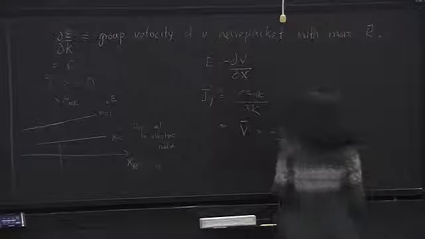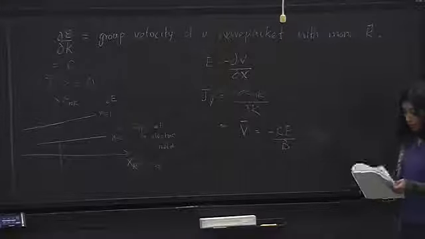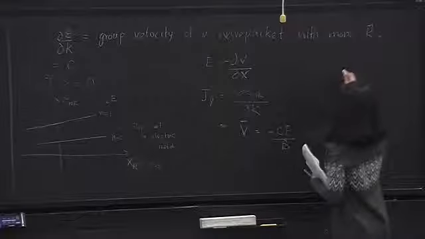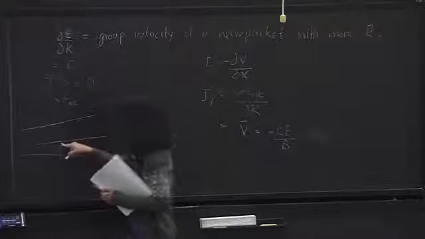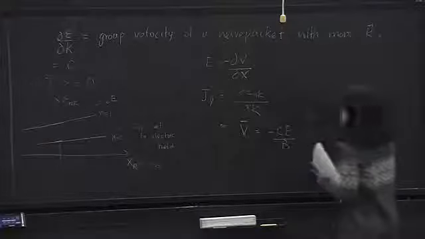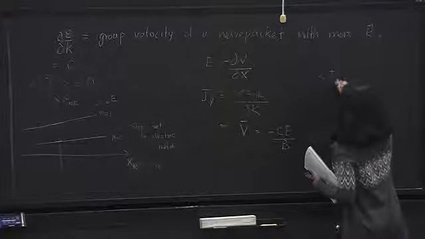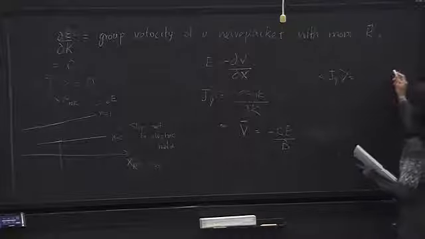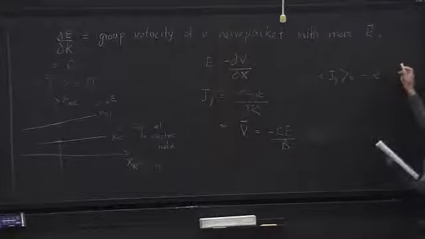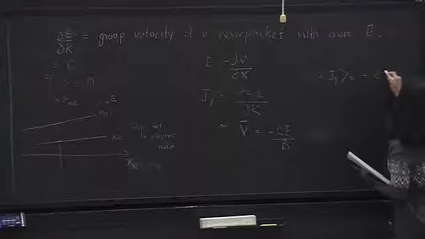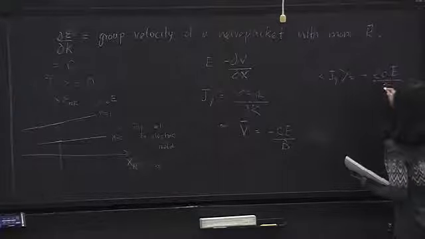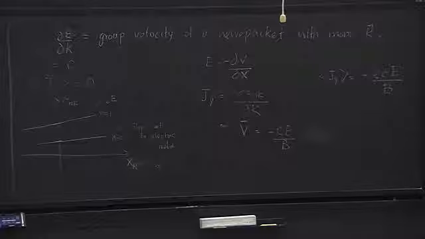And so in your tutorial today, you're going to work out that for each of these eigenfunctions in the Landau level, the current in the y direction is going to be minus e times, well, E c e over B, okay?